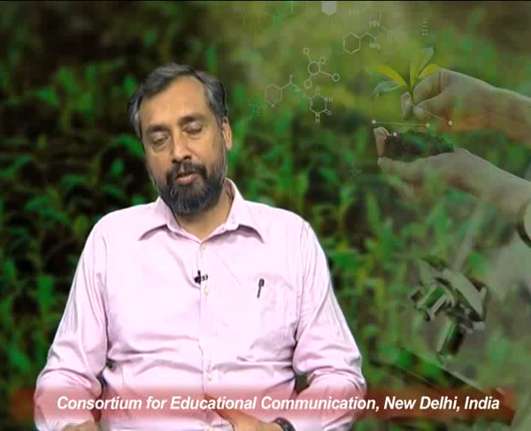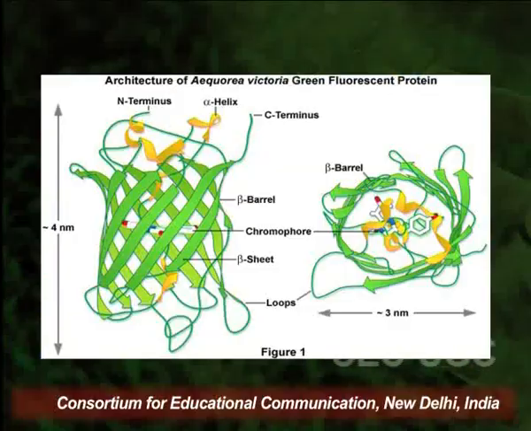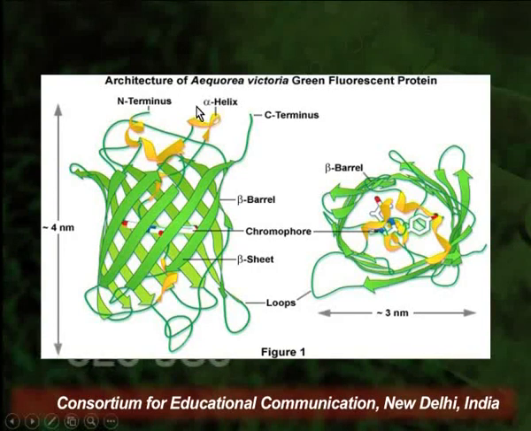Similarly, in case of GFP, if we look at the architecture of GFP, you will find that it's a protein with a beta barrel and beta sheets, and in the center of this structure, the chromophore molecules, which are generally ring structures or cyclic organic structures, are found, and because of the presence of these cyclic structures, the GFP shows fluorescence phenomena. So that was about the fluorescence microscopy.